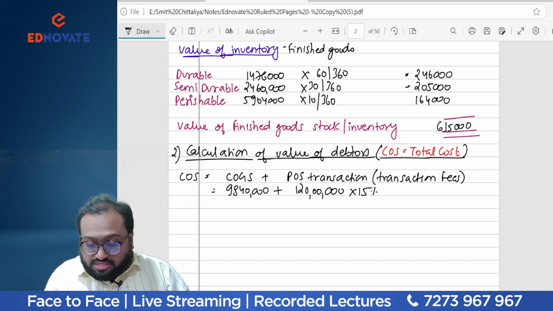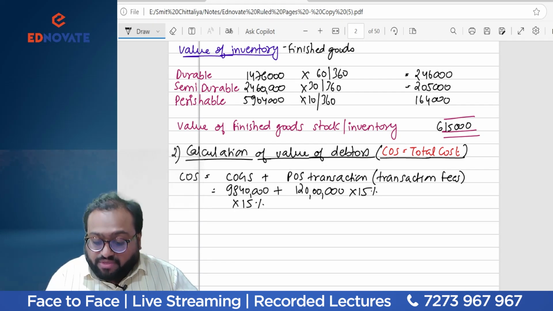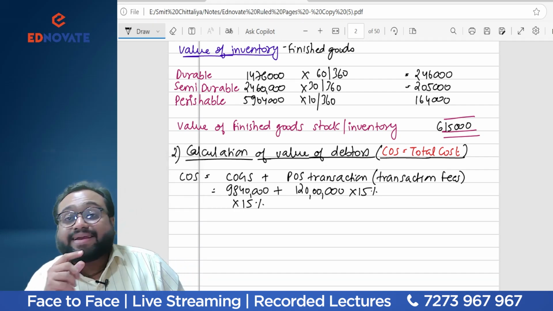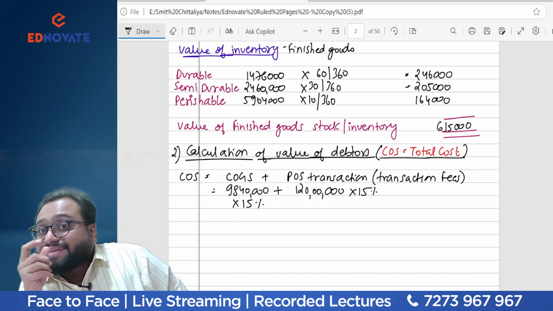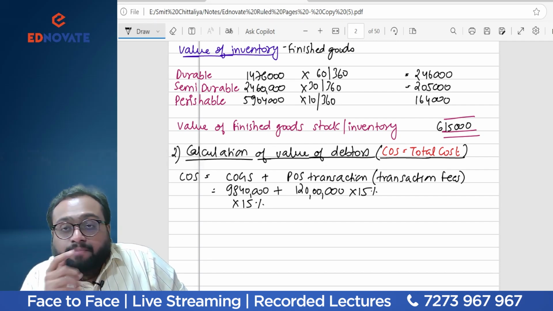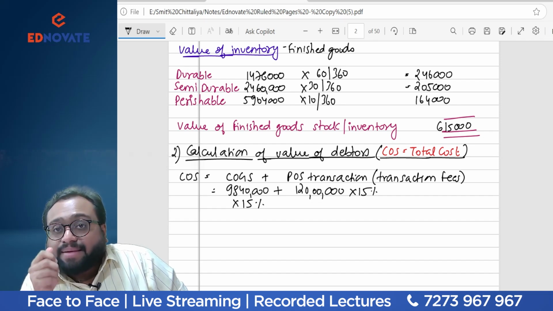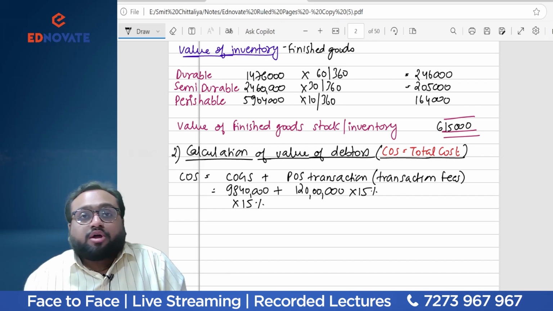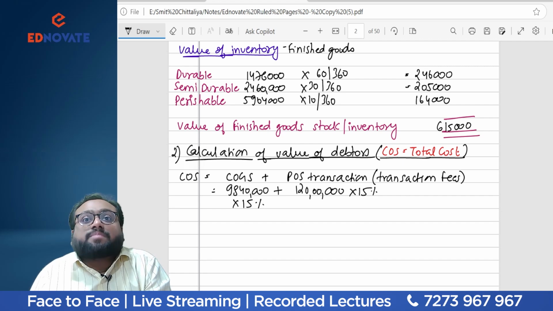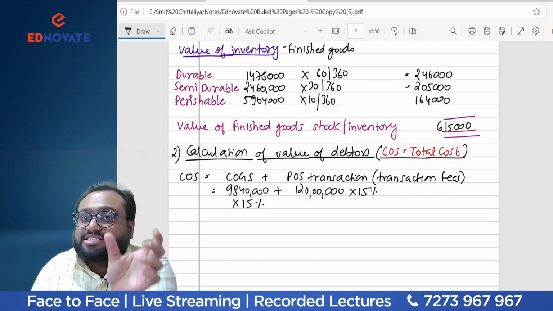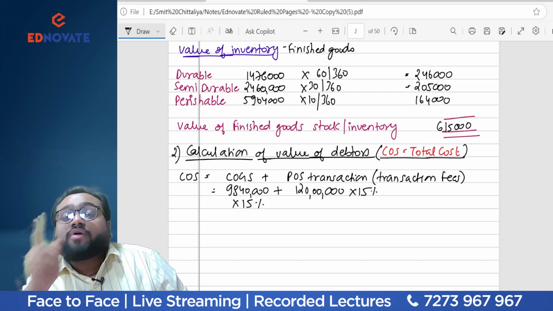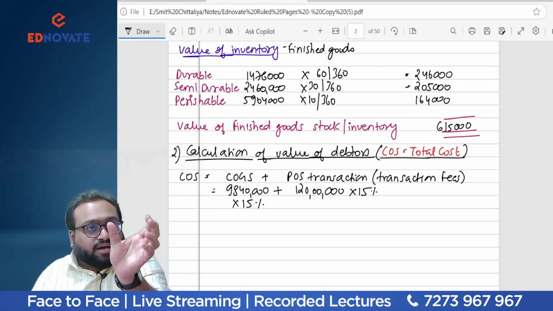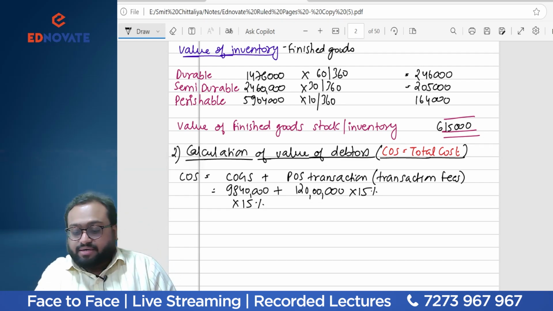Even in COGS, I'll multiply by 15%. Why 15%? My COGS of 98,40,000 is for the entire 1 crore 20 lakh sales, but not all sales are by debit card or credit card, only 15%. So I'll take the COGS proportion of 15% only. I won't take the entire COGS, because that is for the entire sales of 1 crore 20 lakh. I'll just take a part of the cost, that is 15%.